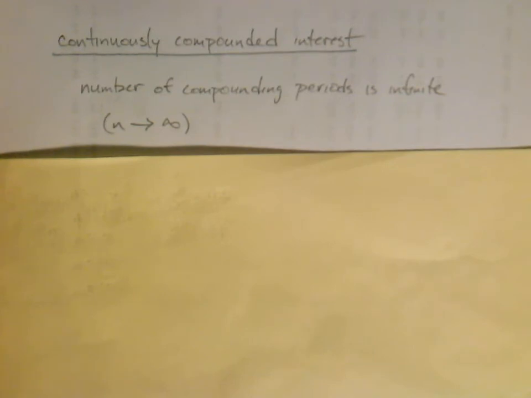So the last one we did was quarterly. They earn interest 4 times per year. Okay. Well, you could make it more, right? So if we compounded interest monthly, that'd be 12 times per year, n equals 12. You could compound interest daily. That'd be n equals 365. But why stop there? You could compound interest every hour, right?